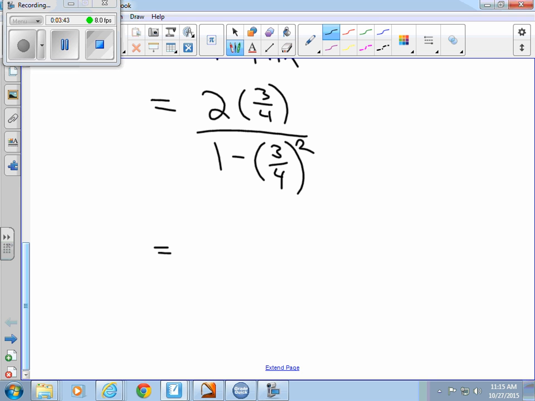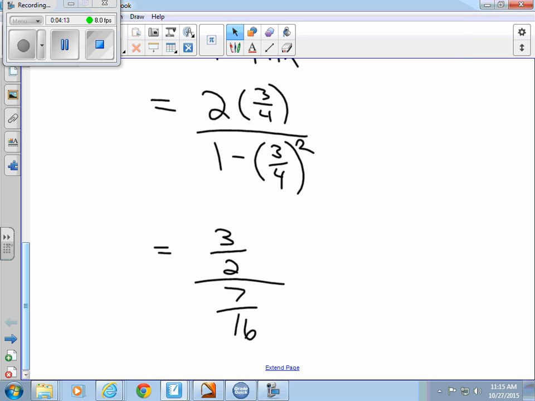Should you be able to do this without a calculator? Yes. Now this particular one, yes. So if it were non-calculator, I would choose one. This is what you could do. 9/16. Well, really, any of them you could do. You might have to side note do some multiplication. 1 minus 9/16 is 7/16.